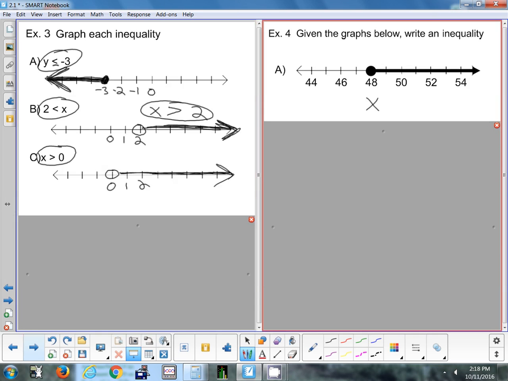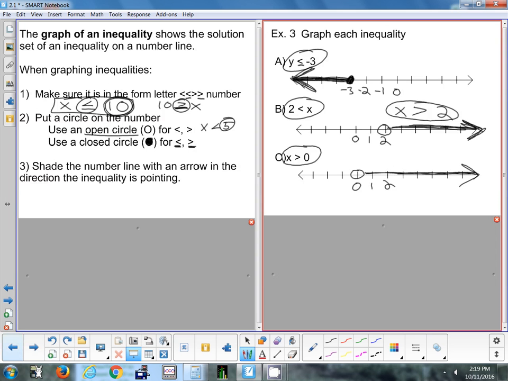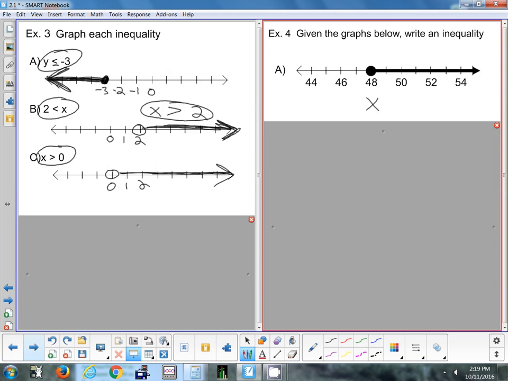Now I got to decide on the symbol. Is this going to be a symbol with an equal to, or is this going to be a symbol that doesn't have the equal to? How do you know it's equal to, Kyle? It's shaded in, so it's got to be one of these two symbols. Which way am I shading? To the left or to the right? Yeah, we're shading to the right.